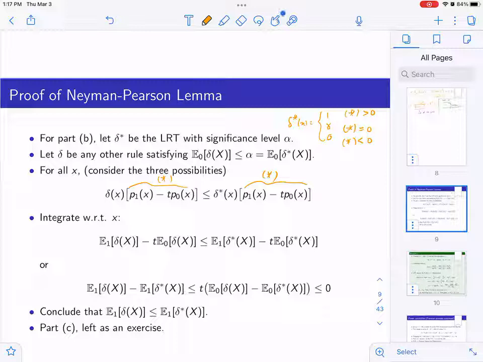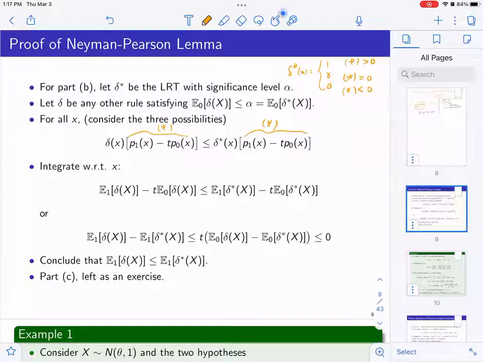And because of the way we define delta star, this equation is true for all x. I can plug in the random x and then take the expectation under the null of both sides. Expectation is linear, right? So it passes through. Actually, it's the integral, not the expectation.